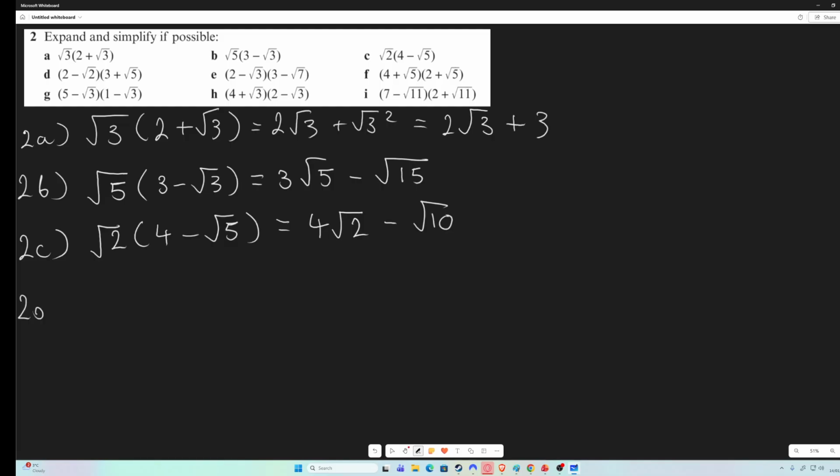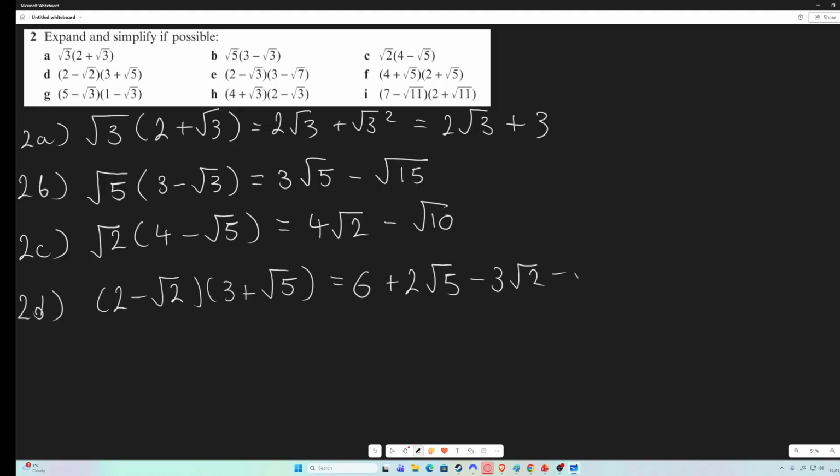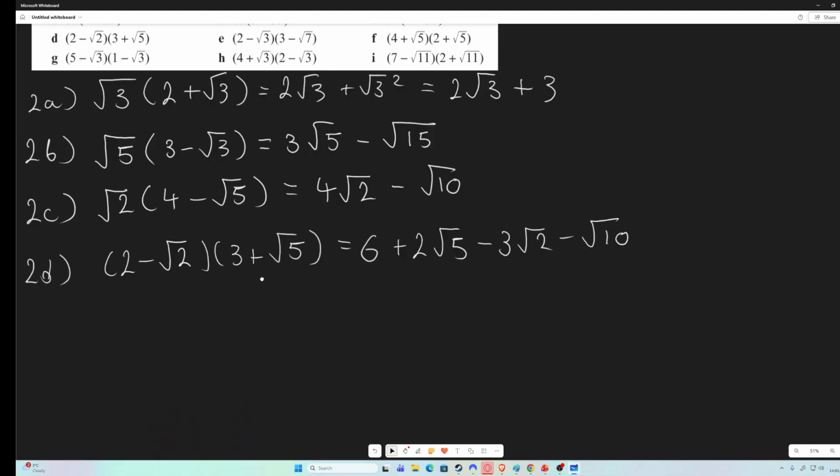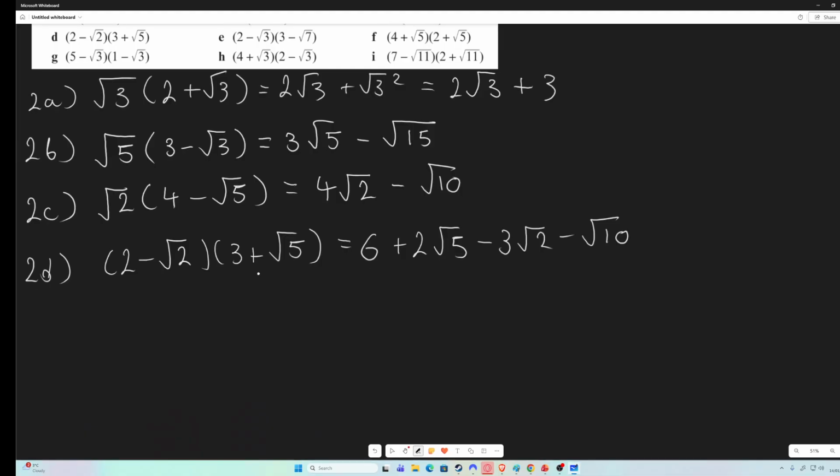2d. Okay, we have 2 minus root 2 times 3 plus root 5. So that is 6 plus 2 root 5 minus 3 root 2 minus root 10. 2e.